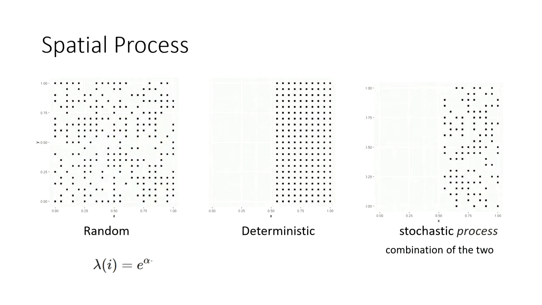So let's understand what exactly spatial processes are. Generally, in any geographical area, what we expect is that if any event or activity occurs at one place, the occurrence may be random, meaning there are no spatial dependencies.